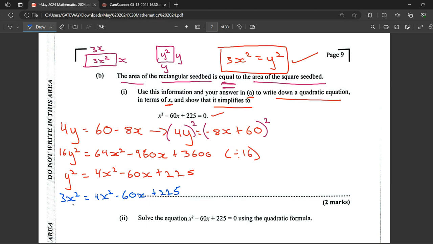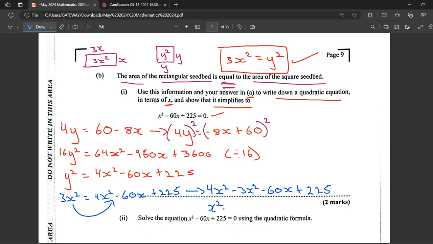I'm going to bring across the 3x squared to the right hand side and it will become negative. So what I have now is 4x squared minus 3x squared minus 60x plus 225. Now 4x squared minus 3x squared would just be x squared.